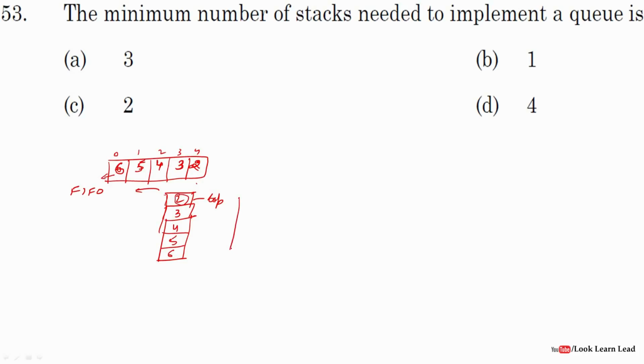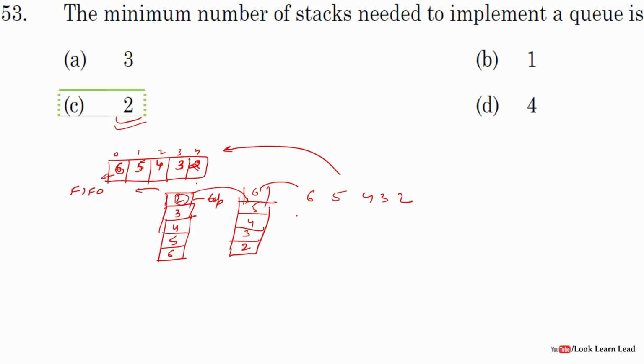So I'll require one more stack and push all the elements of this stack to this stack. That is 2, 3, 4, 5 and 6. Now when I pop, that is 6, then 5, then 4, then 3, then 2. This is equal to this queue. So we would be requiring 2 stacks to implement a queue.